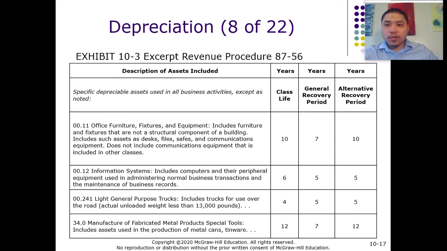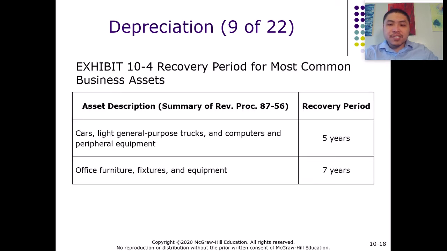But for simplification's sake, we have this table, which pretty much sums up the most common personal properties that are used. There are two main types of personal property we should pay attention to.